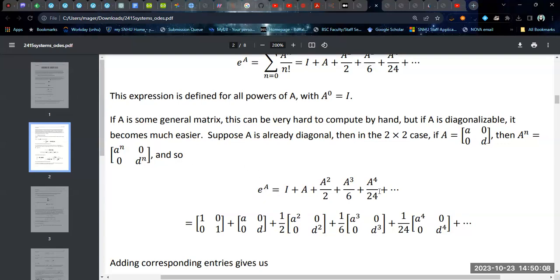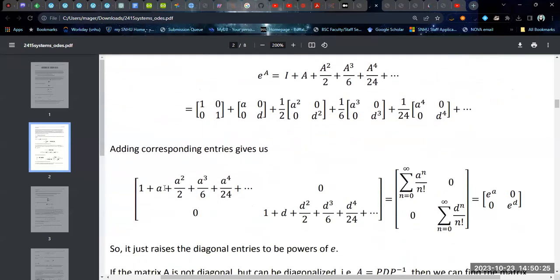So each of the entries, the first component and the fourth component of our matrix, is just going to be itself raised to that same power, which gives us exponentials in each of these entries. And so we get e to the first element and e to the fourth element, and the off diagonal is 0.